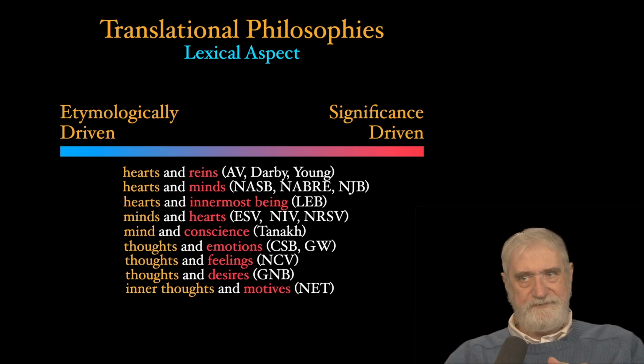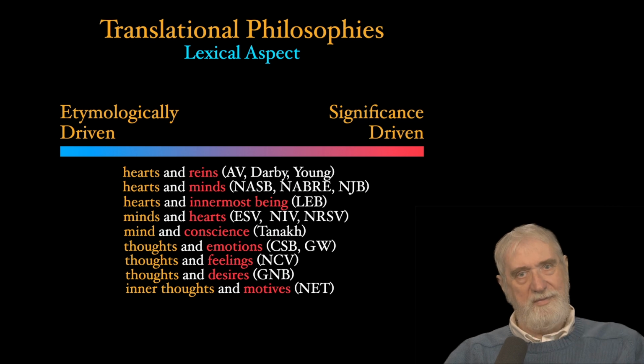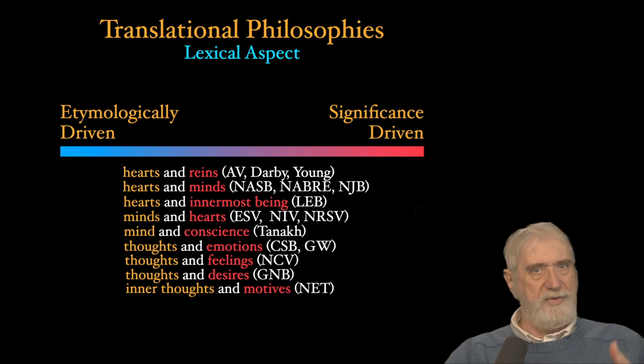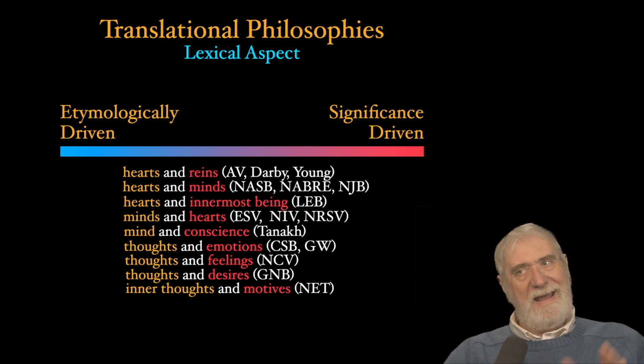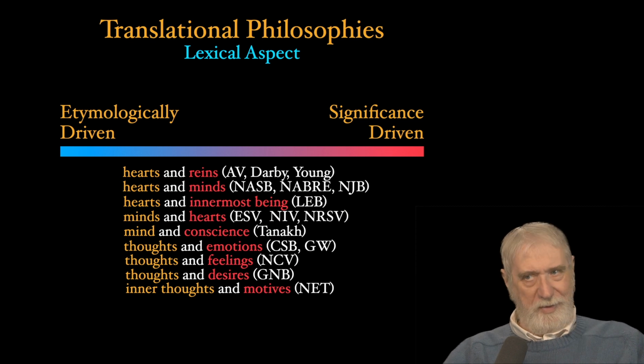You'll notice that some of the older translations will render the Hebrew word lave with the English word heart. But the majority of the more recent ones take a more significance driven approach and translate it with mind or thoughts or something like that. And the second word is a little more difficult.